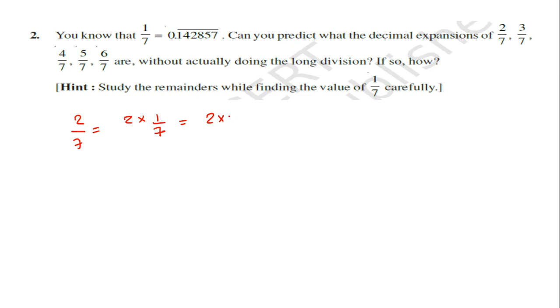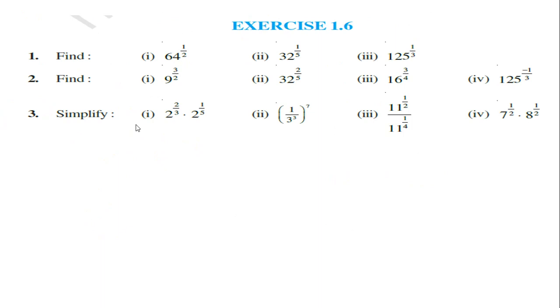So 2 into this value, you have to multiply. That is the answer. And actually, you don't have to multiply. You have to just write as it is: 2 into 0.142857 bar. Just completed in group. Okay. See here, Exercise 1.6.